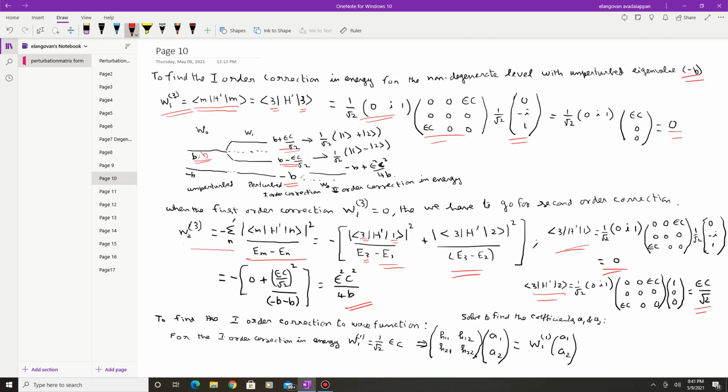Now let us calculate the first order correction wave function. Again we use this formula. So this H11, H12, H21, H22, you write down this matrix. This A1, A2 are the coefficients that you have to determine, which is equal to the first order correction energy times A1, A2. So once we solve this for the energy W1 equal to 1 by root 2 epsilon c, you can find the coefficients A1, A2.